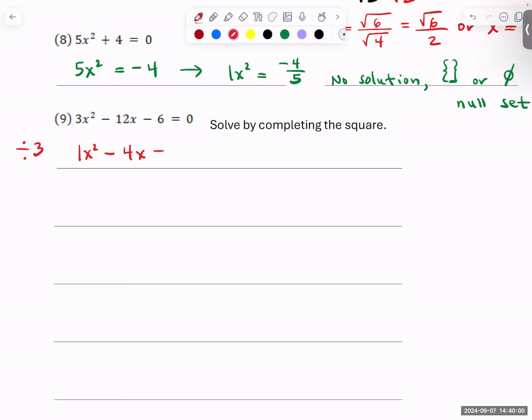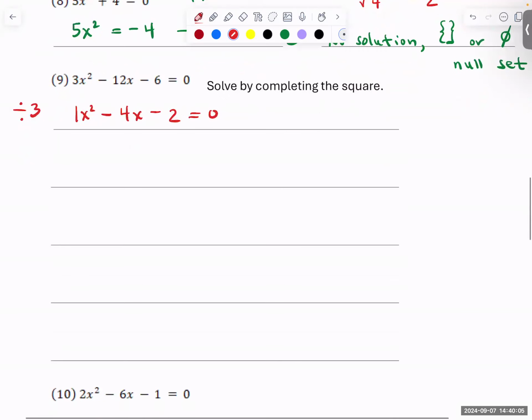And 6 divided by 3 is 2. So now we have the leading coefficient is 1. Second step is to move the constant minus 2 to the right-hand side. So we'll add 2, and we get equals positive 2.